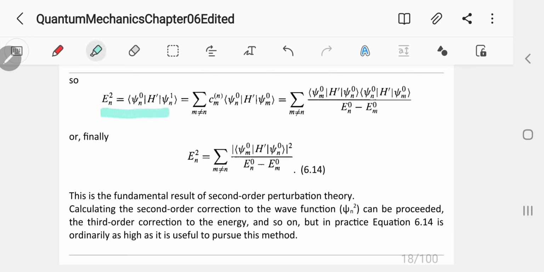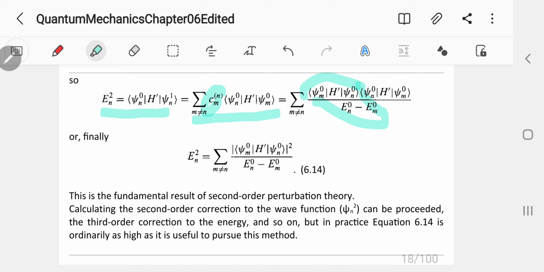Now it's only one term, but we can expand phi 1n in terms of phi m0, so that we will have this, and Cmn is also this one, as we have previously derived.